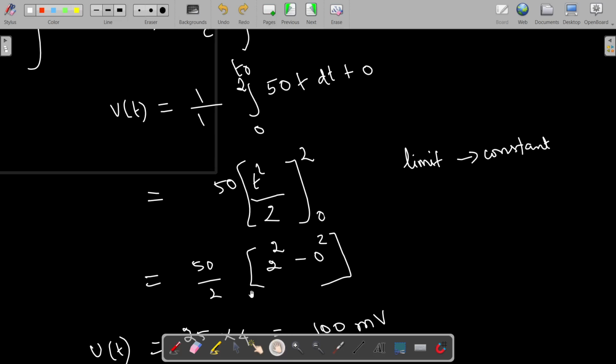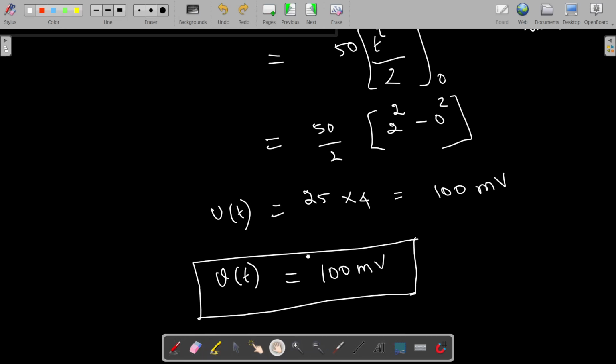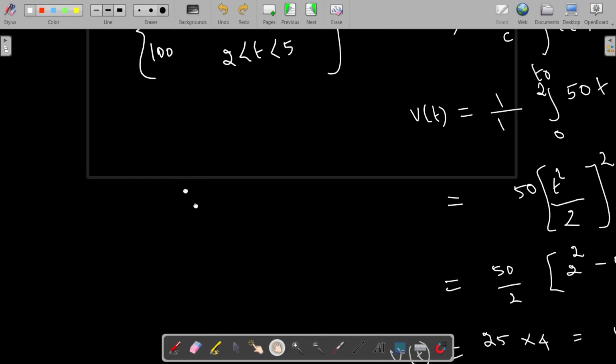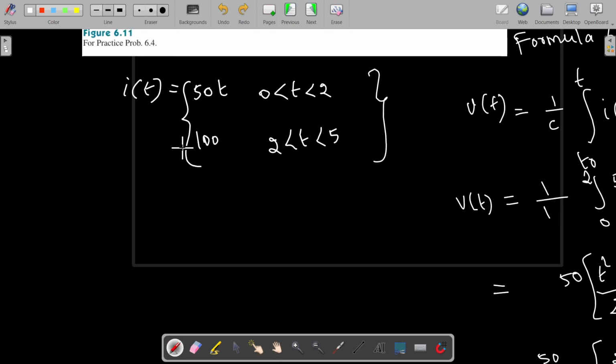So we got the answer for the first portion. Now we move on to the second portion. The second portion is i of t equal to 100 with the time limits 2 to 5. For that also we have to perform integration. So v of t for the second portion is equal to 1 by c integral i of t dt plus the initial voltage.